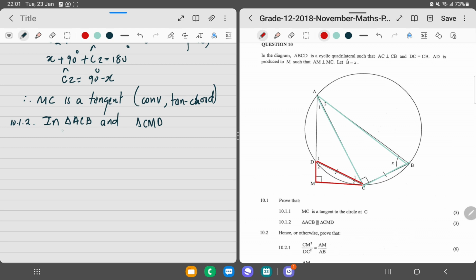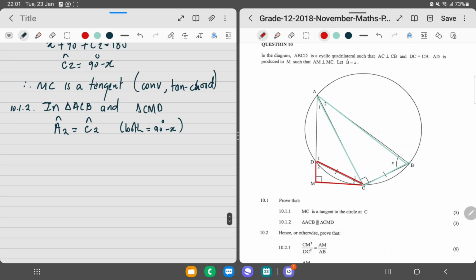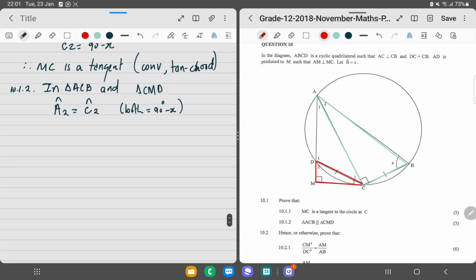Okay, so A2 is equal to C2 because they are both equal to 90 degrees minus x. And then C is 90 degrees, so ACB is equal to DMC, 90 degrees.